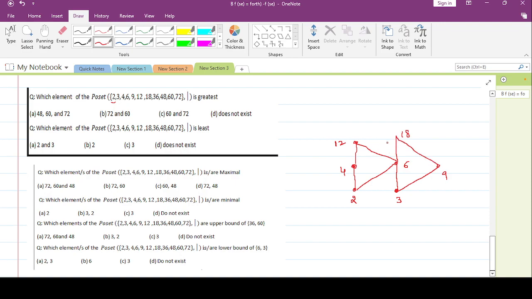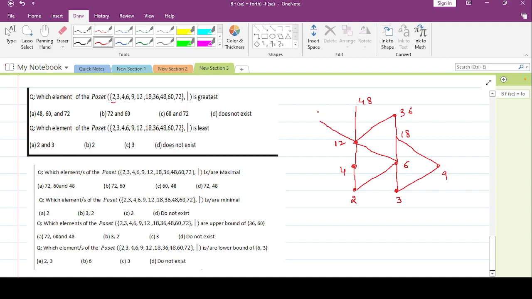Next element is 36. You see that 18 divides 36, but 12 also divides 36. Next element is 48, so 12 divides 48. Next element is 60, so 12 divides 60.